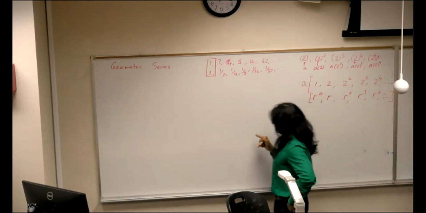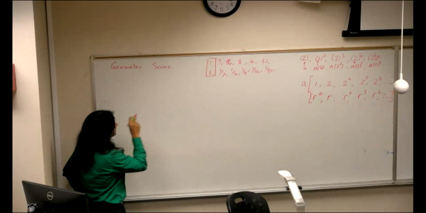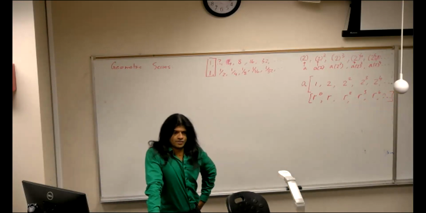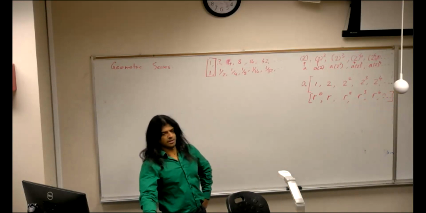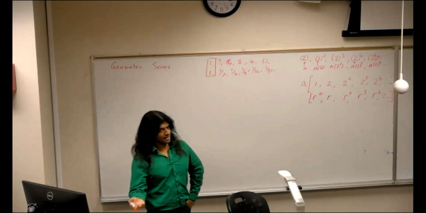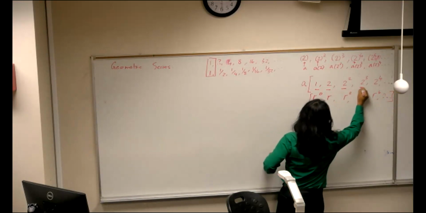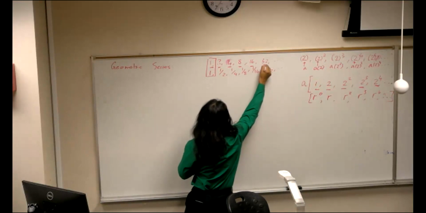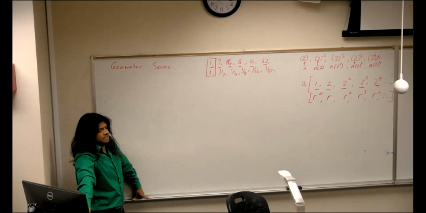So the sequence that I wrote yesterday pretty much is geometric, where the first term A is just 1. If you look at this right here, it is nothing but that right there. Agreed. So that's what I mean by starting at 0, starting at 1.